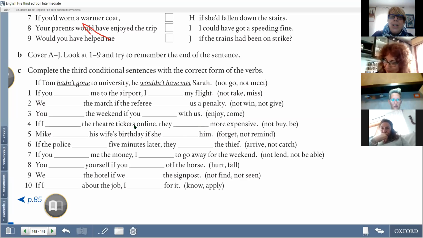I can send this screenshot even to Antonella, and you can do it by yourself. And when you have done it, you tell me done on WhatsApp, and I send you all the corrections. Okay?